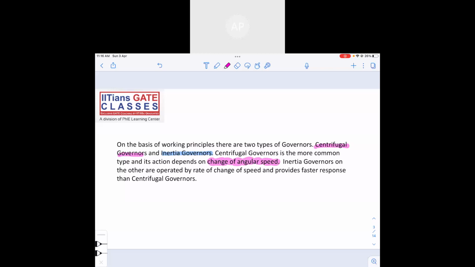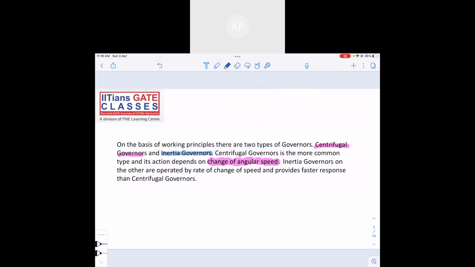That's why the valve gets closed slightly. So everything is dependent on the change of angular speed. If the change in angular speed is more, the valve will get closed more. Accordingly you will get the result, right?